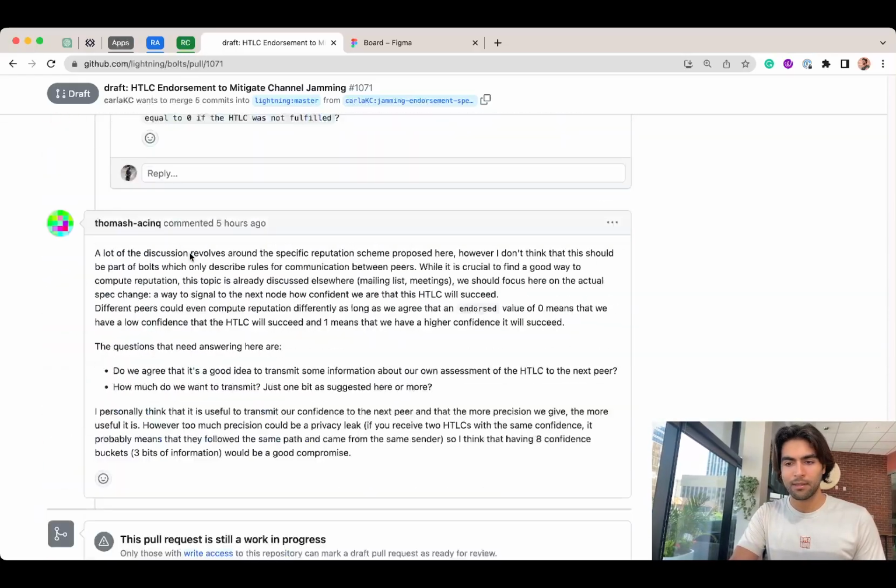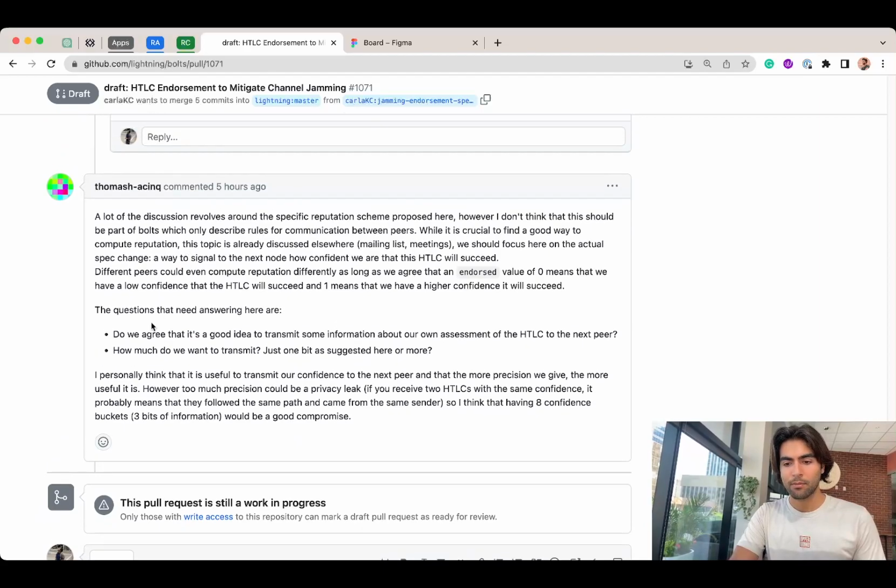And I agree with the latest comment here from Thomas that says we shouldn't talk that much about the recommended system because that's not the core of the Lightning Network. But these are the two questions that we should ask ourselves. First, is it in general a good idea to pass this information along? And second, what would be the granularity of that reputation, that endorsed field? Do we want it to just be a Boolean, endorsed and not endorsed, or do we want it to have a range and carry more than one bit of information?